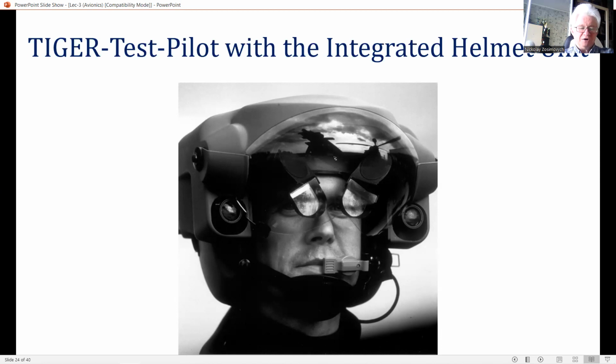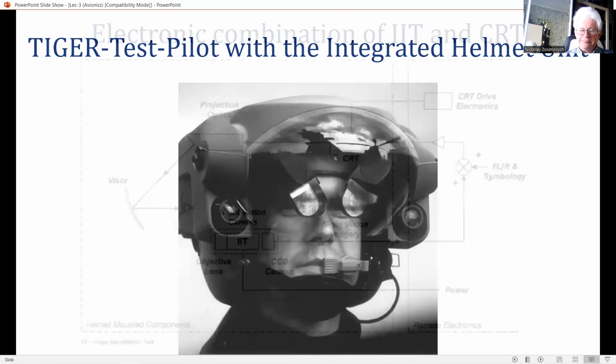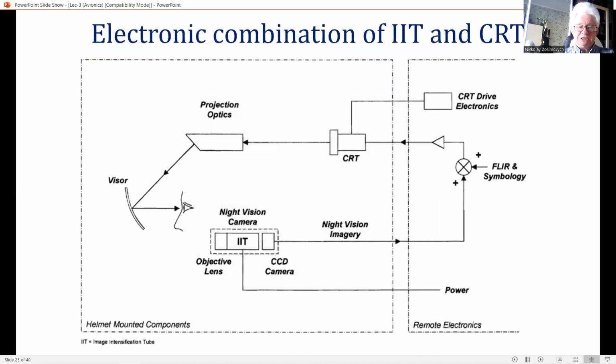In the case of fighter or strike aircraft, the weight and bulk penalty of optically combining the IITs with the display optics has led to the adoption of image intensification devices which image onto small CCD cameras. The output of the image intensifier CCD camera is a video signal, which is fed back to the remote display drive electronics, where it is electronically combined with the symbology and displayed on the helmet-mounted CRT.